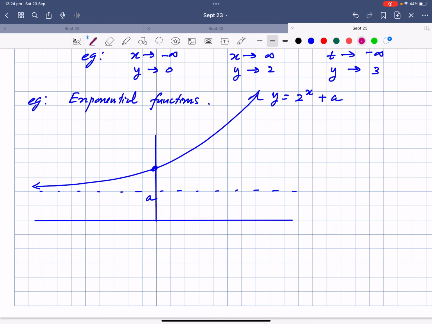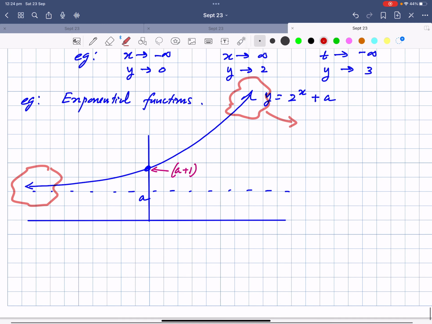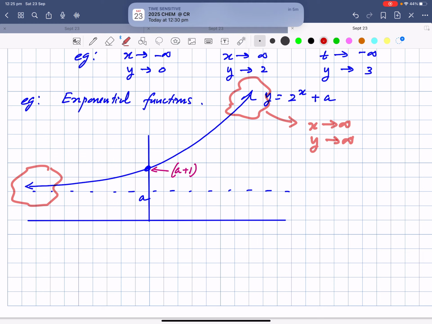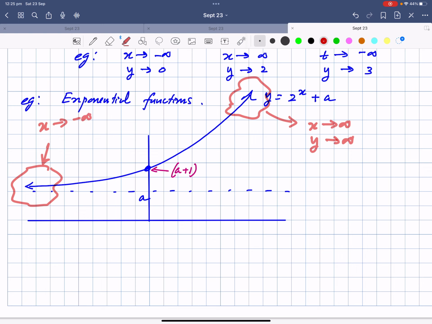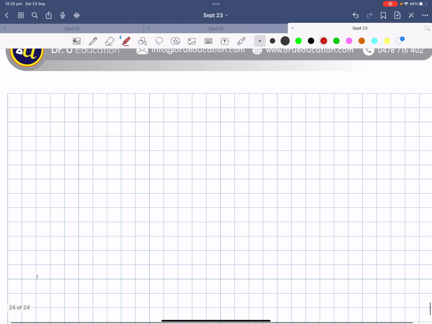So if that happens, this coordinate is going to be a plus 1. We'll discuss that later. Now the important part is to understand this behavior and this behavior. So here you can see x goes to infinity, y goes to infinity. There is no asymptote condition. If you look at this side, when x goes to minus infinity, y goes to a. That's asymptote condition, right?